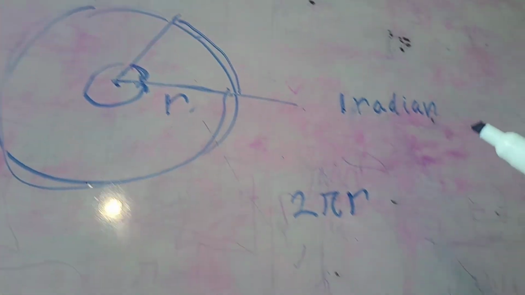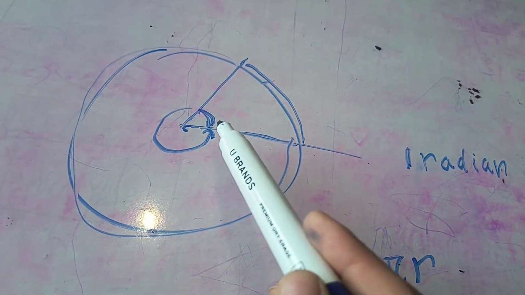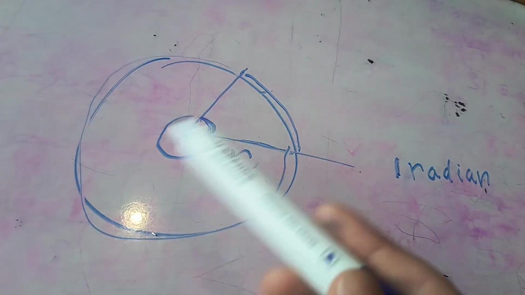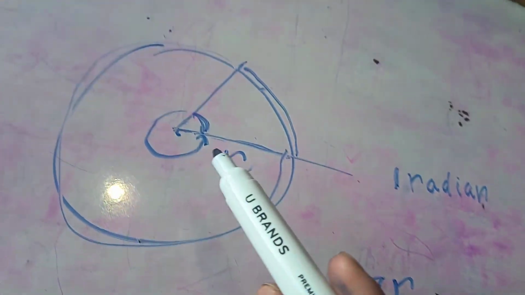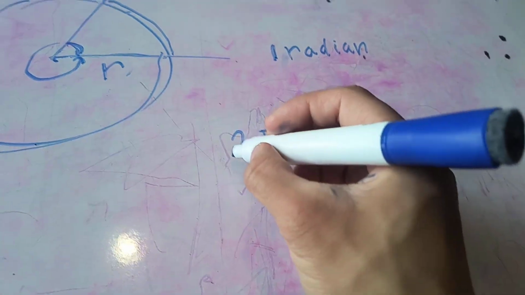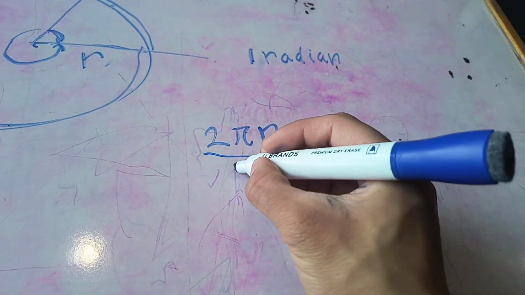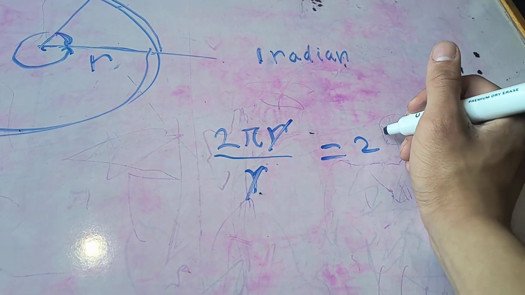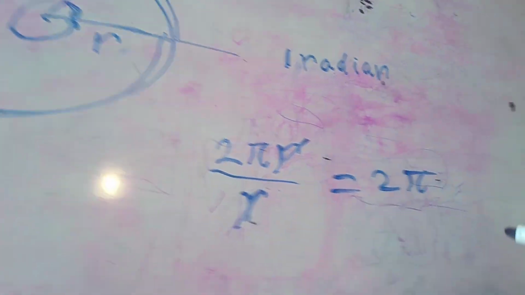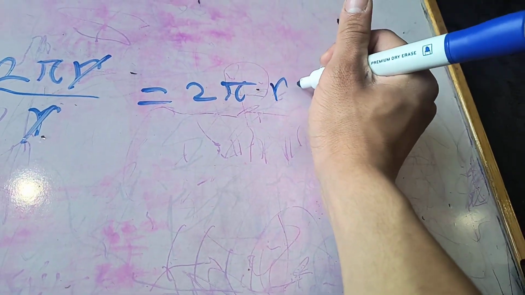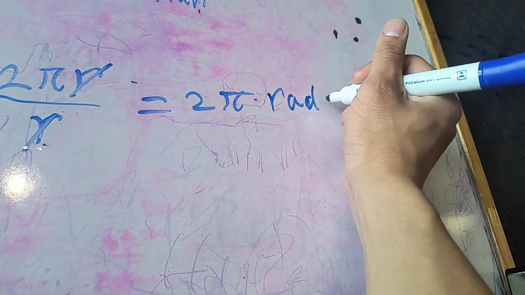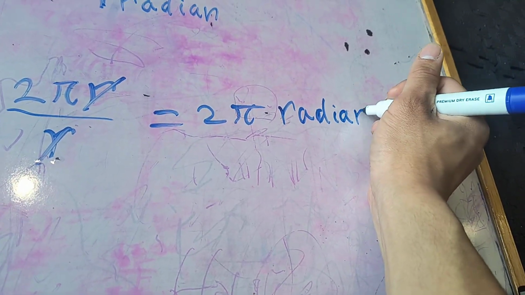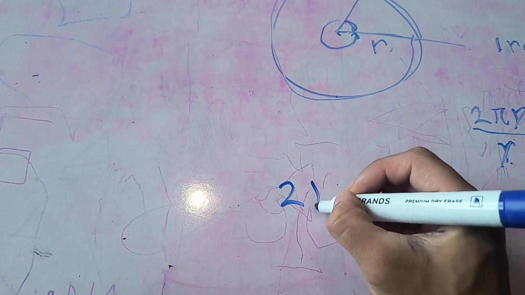To find out how many radians this is, we would divide that by the radius. Well, guess what? These two cancel out. What you're left with is 2 pi radians. So 360 degrees in terms of radians is equal to 2 pi.